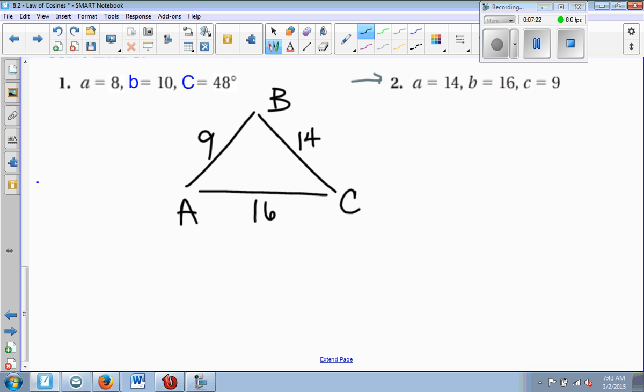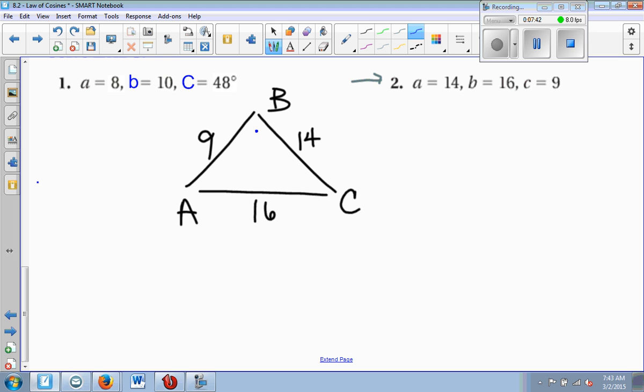So in order to start law of cosines, since I'm not given an angle to begin with, I need to figure out which angle it is that I should find first. So remember, like I said, rule of thumb, always go largest to smallest. So it's going to be best to find angle B first because side B is the longest side.